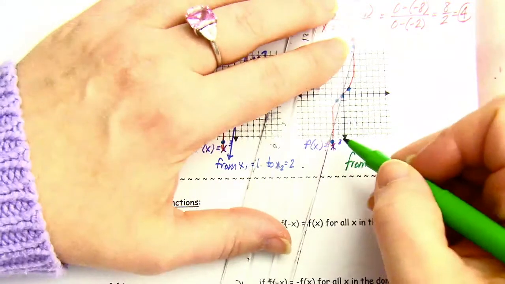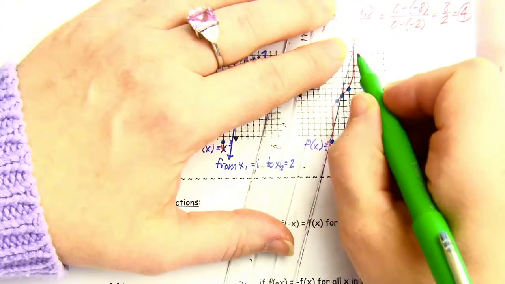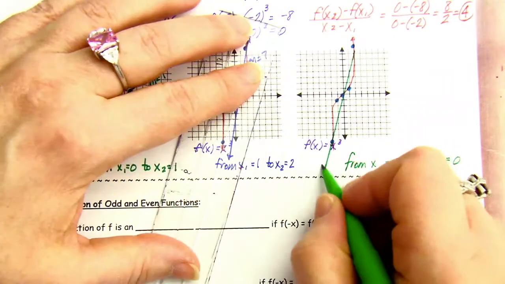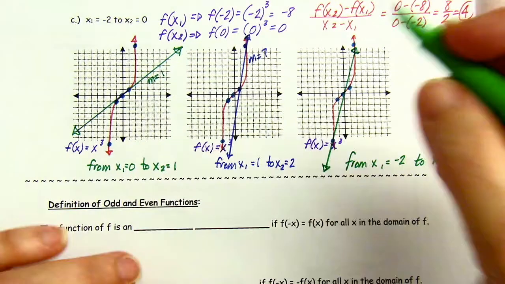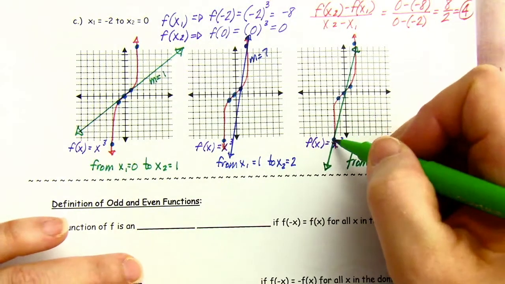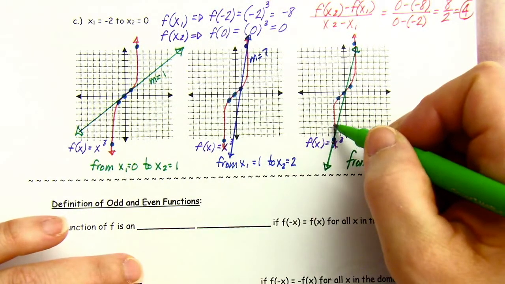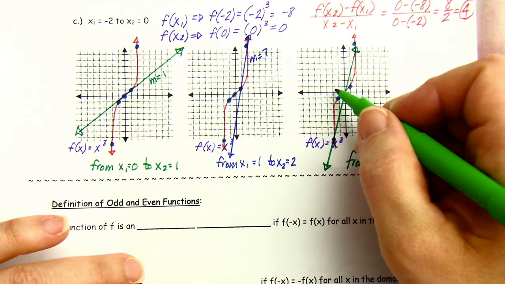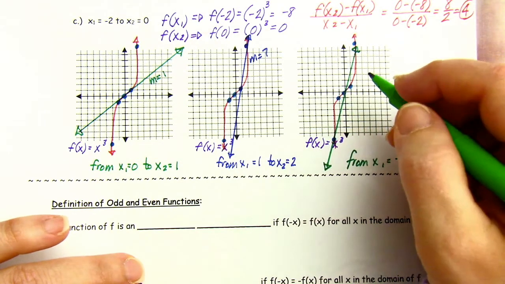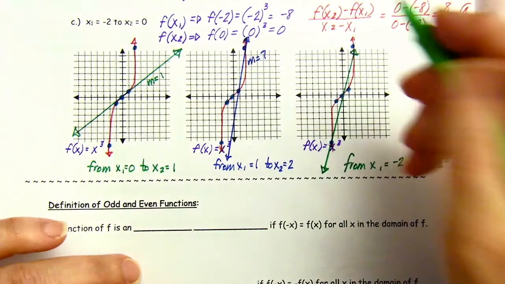So I'm going to connect those 2 points, draw my secant line, use my rise over my run. So from this point to that point, I'm rising 1, 2, 3, 4, 5, 6, 7, 8, and I'm running 1, 2. That's 8 over 2, which is what we saw here. That's 4.